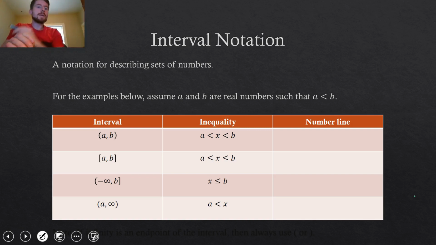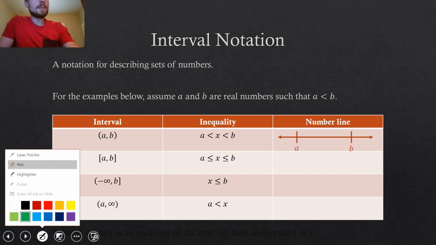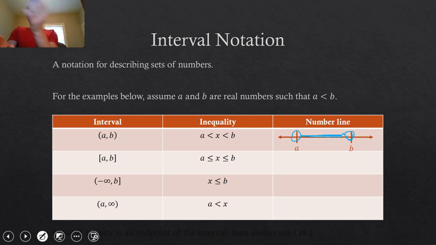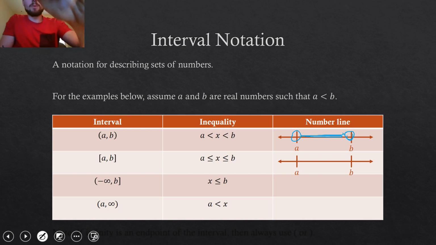So A comma B in parentheses is the same as all the numbers between A and B, not including them. On a number line, let's use blue, you put an open circle at A, an open circle at B, and then you shade in everything between those numbers.